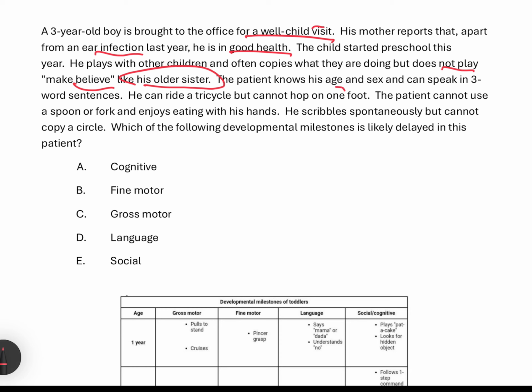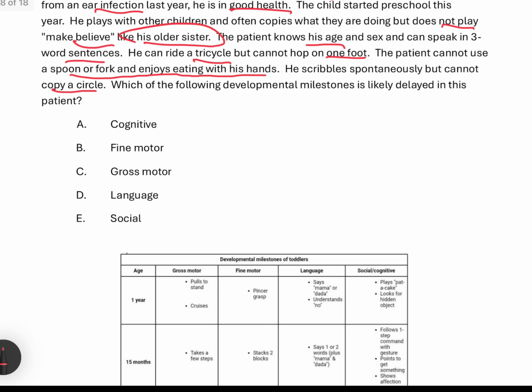The patient knows his age and sex, and can speak in 3-word sentences. He can ride a tricycle but can't hop on one foot. He can't use a spoon and fork, and enjoys eating with his hands. He scribbles spontaneously but can't copy a circle. Which of the following developmental milestones is likely delayed in this patient? Cognitive, fine motor, gross motor, language, or social.